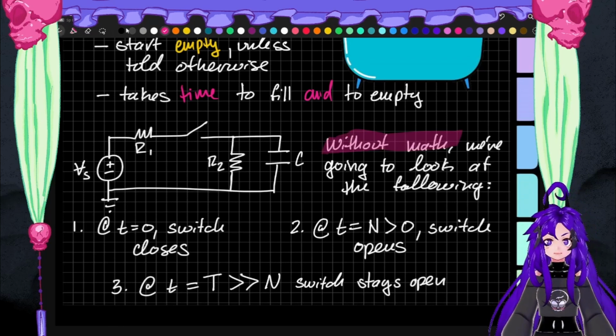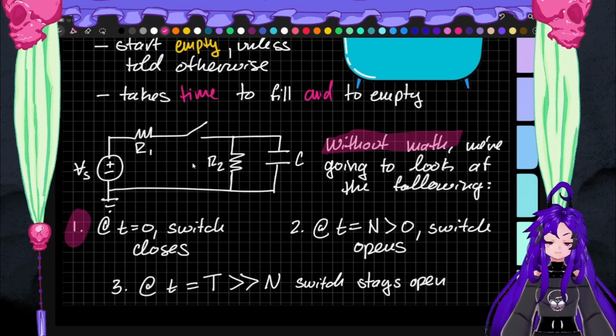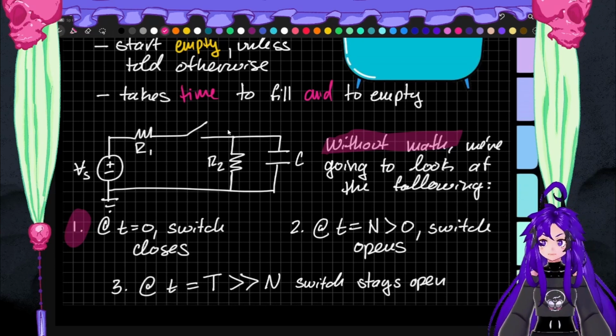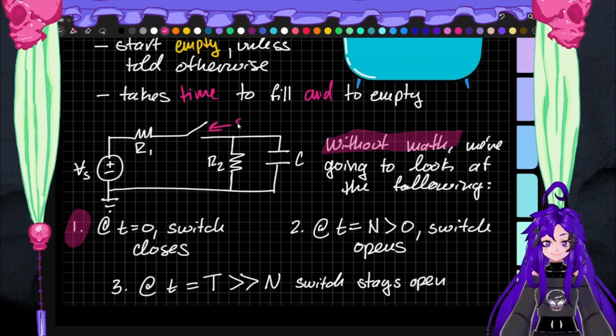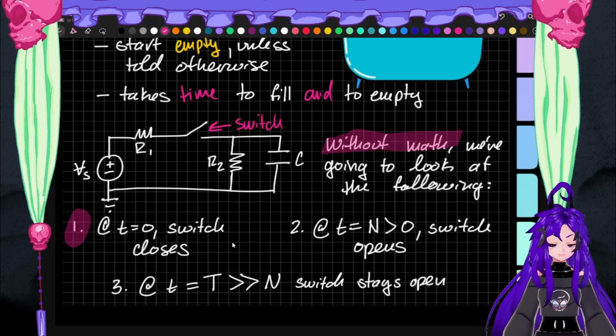We're going to look at when time equals 0, the switch closes. So that is a loaded statement, right? This is a switch. It generally looks like some kind of lever.